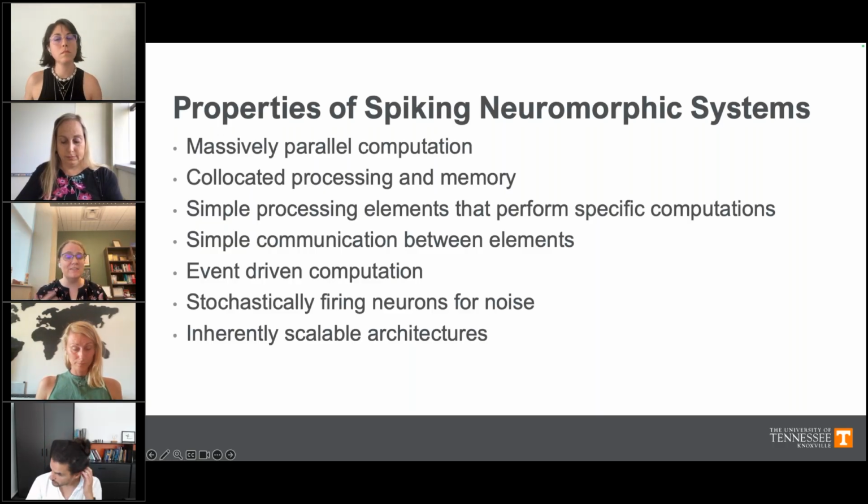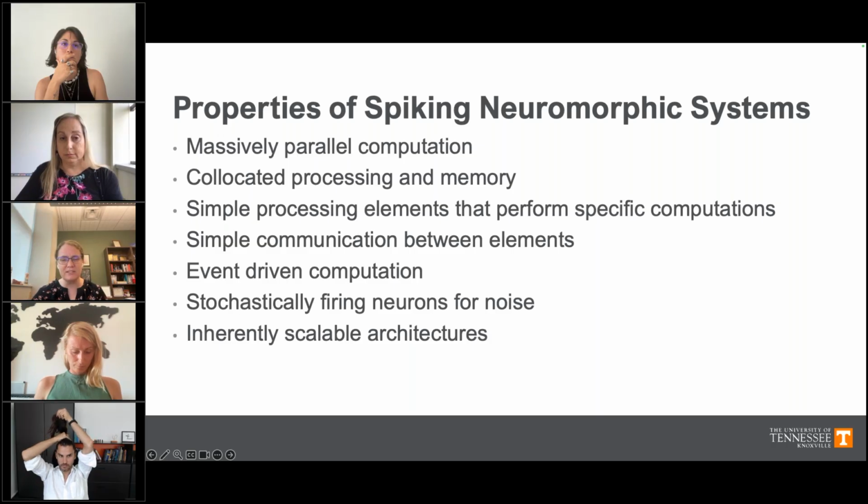Even as someone who is primarily doing machine learning research with neuromorphic, thinking of neuromorphic as a way to run spiking neural networks and do spiking neural networks research, obviously all of these characteristics are important for that.